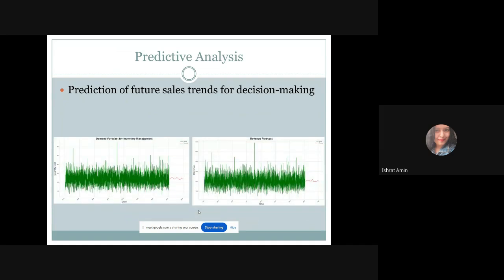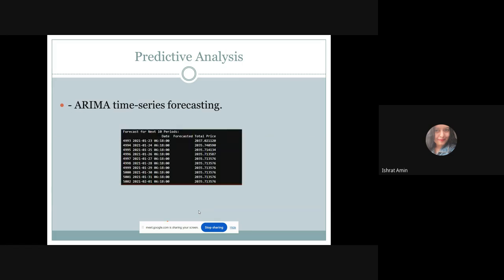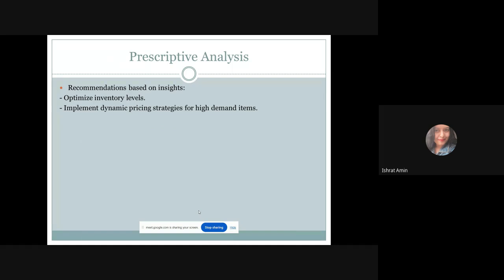Here is the future sales trend for decision making. This is the quantity sold prediction and the revenue prediction, along with the actual one, shown as a graphical representation. And this is ARIMA time series forecasting for the next 10 periods. It almost varies around 2000 in total price.